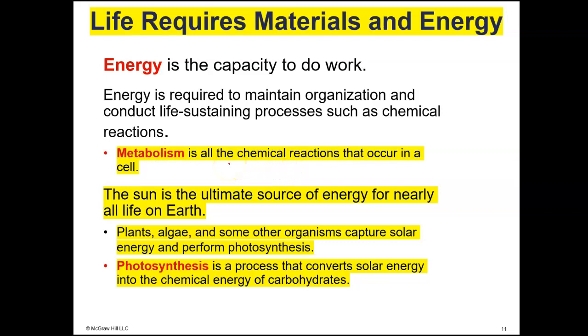One chapter is on photosynthesis, which occurs in a plant cell. And then the other chapter is on cellular respiration, which is a chemical reaction that occurs in all living cells. So when you take all of the breakdown reactions and all of the synthesis or buildup reactions and put them together, that is the metabolism of the cell, of the organism.